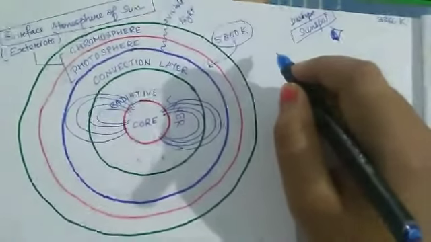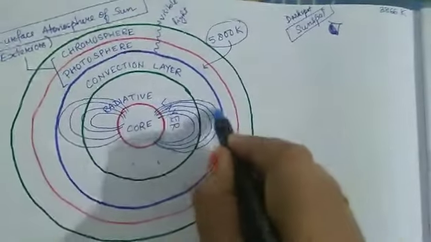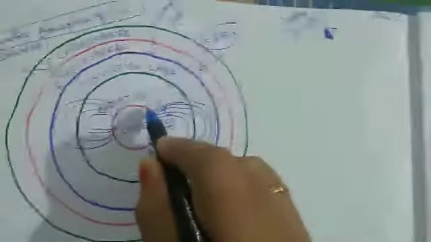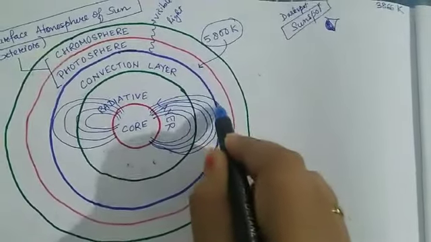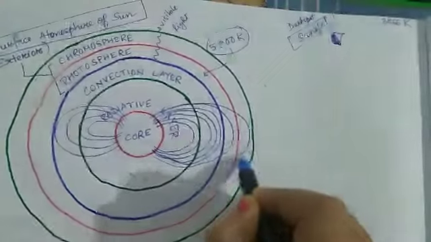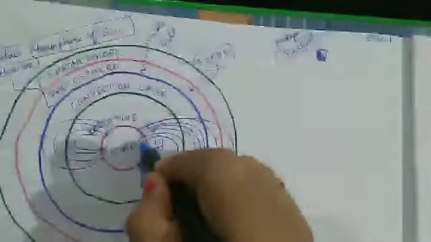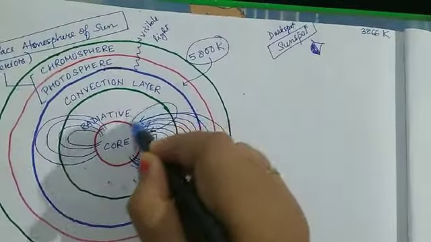What happens in the photosphere is that some magnetic lines of force come up. They will be so strong that their lines of force will extend up to the photosphere. They will jump up and come out of the photosphere. Similarly, there may be other lines of force also coming out like this.